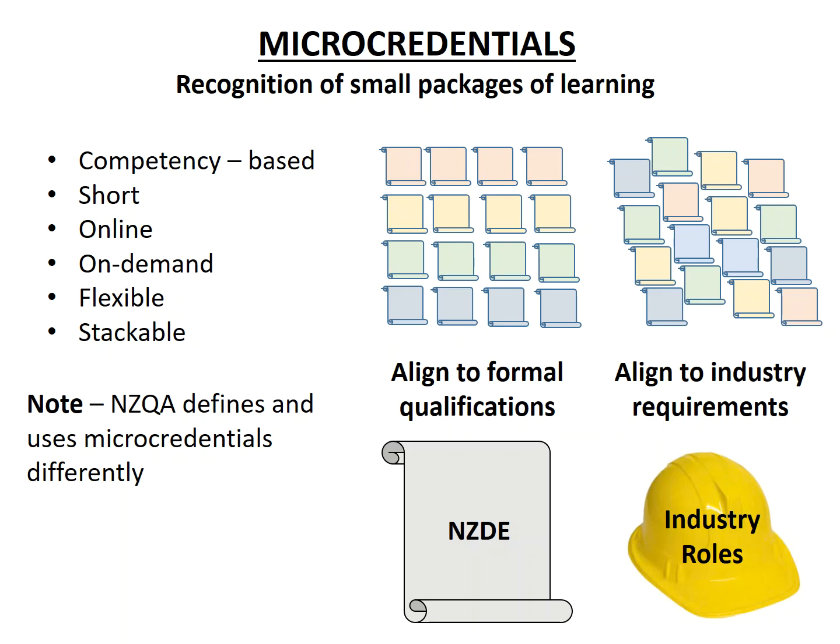So you can take those competencies and align them to the learning outcomes, and then stack them up to make it so that someone has actually done all the learning required and developed all the competencies required for an NZDE course. So we're aligning micro-credentials to a formal qualification.